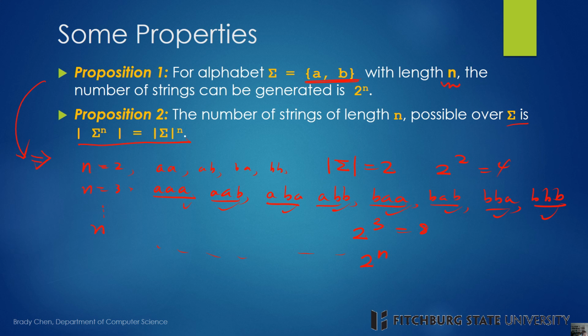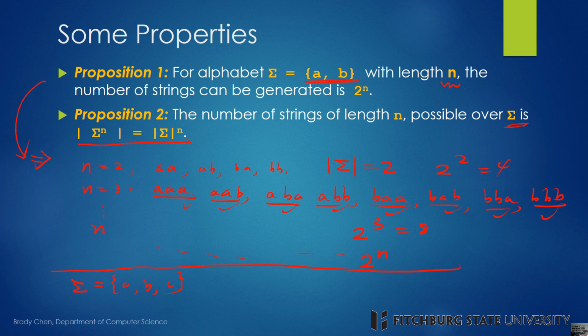So now proposition 2 is slightly different. In that case, let's say sigma contains 3 elements, A, B, and C.